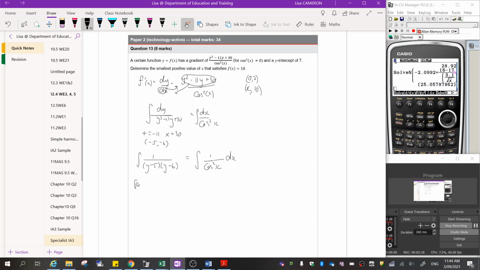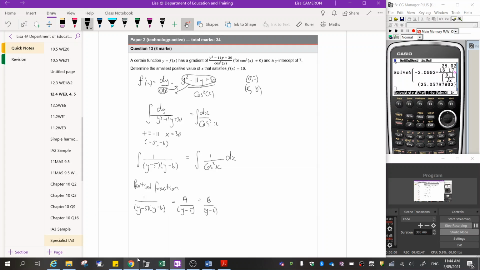So I know that 1 over y minus 5, y minus 6 can also be stated as being a over y minus 5 plus b over y minus 6.